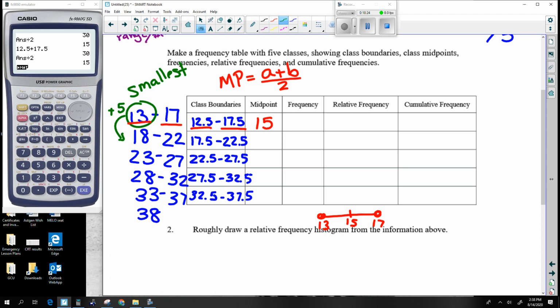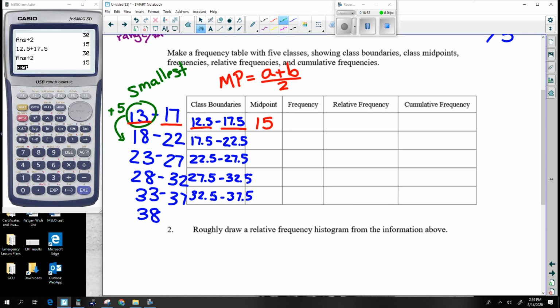Well, what if I make it a half smaller and a half bigger? What's the middle of that? Well, the middle is still the middle. If you go more left and more right, the middle doesn't change, right? So that's why you can use 13 and 17, or you could use 12.5 and 17.5. You're not changing the middle of the numbers.